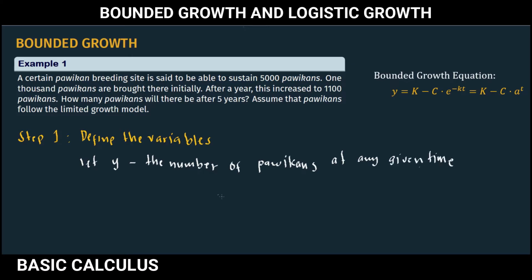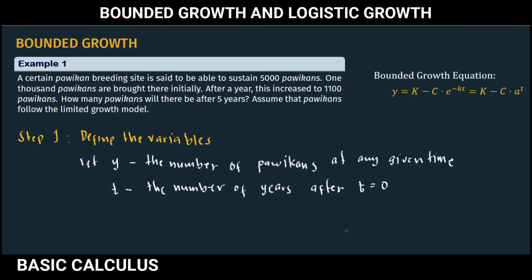Then let t be the number of years. Since our t here is defined in years, t will be the number of years after the initial time, meaning after t is equal to 0.